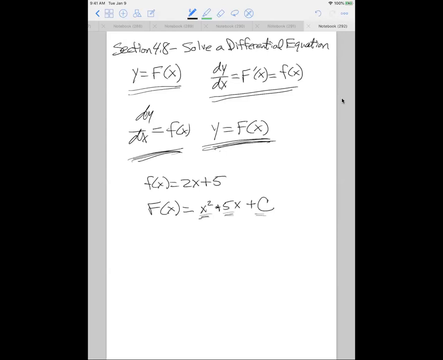Now, one other thing that you're going to be asked to do is find a particular solution. In order to do that, you need one other piece of information to be given.